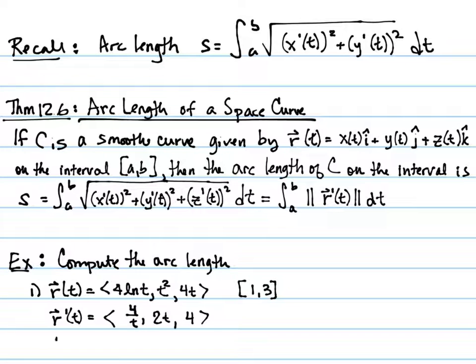So we're going to do the integral from 1 to 3 of each of these derivative components squared. So we have 4 over t squared plus 2t squared, and then plus 4 squared.